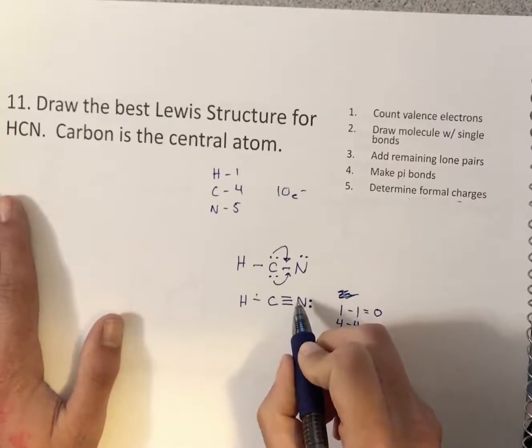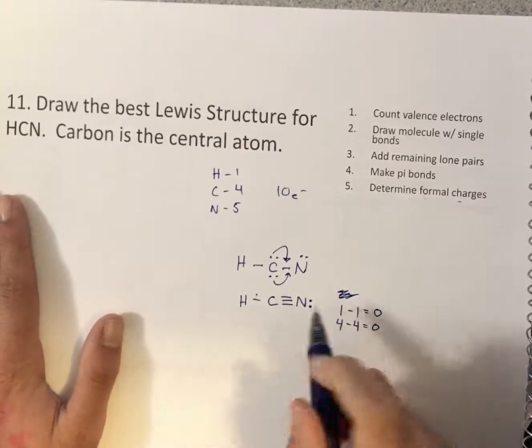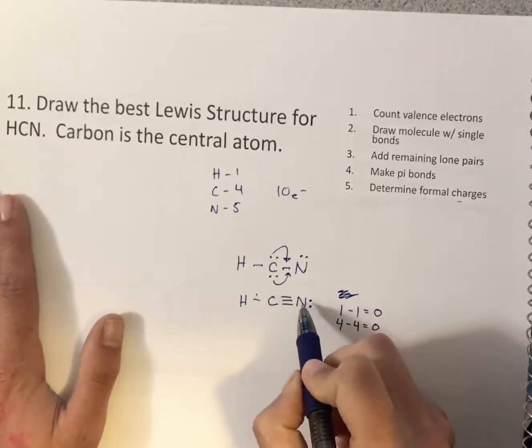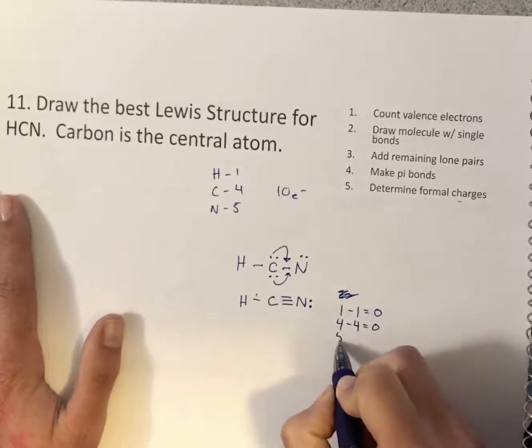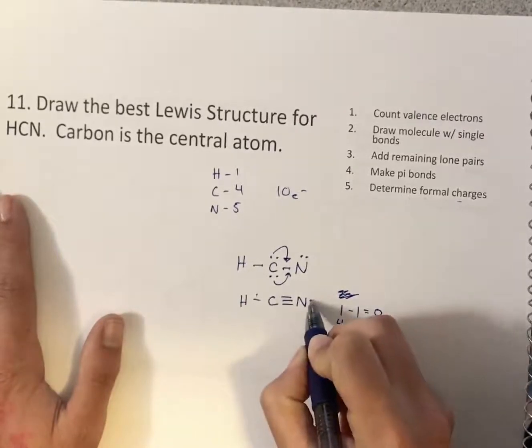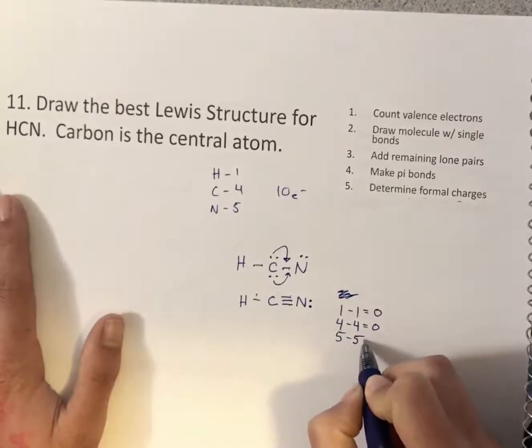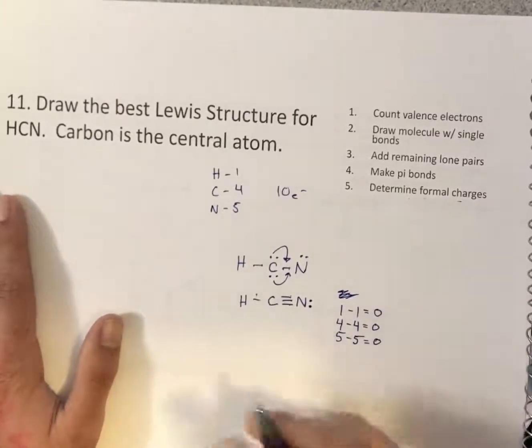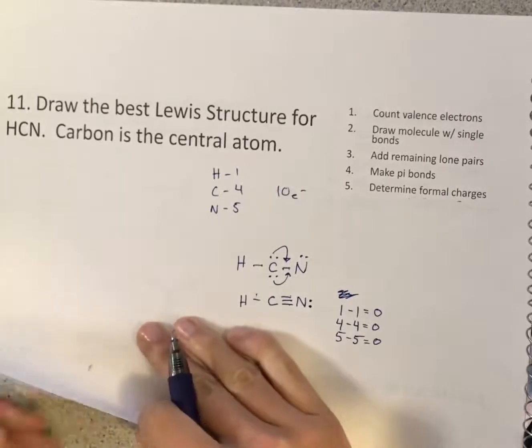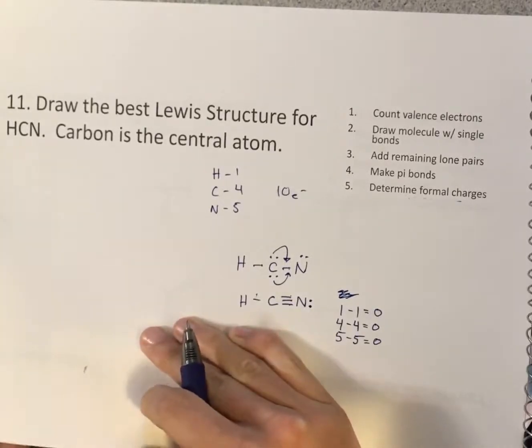And then this nitrogen has normally 5 valence electrons, and then we count 1, 2, 3, 4, 5. So formal charge is 0. All right.